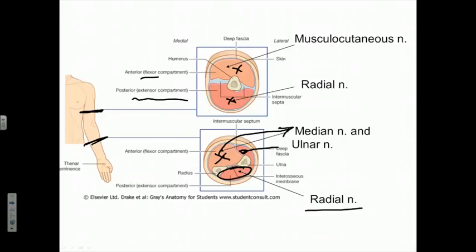And then finally, when we move down to the hand, we know that the intrinsic muscles of the hand have to be innervated by a nerve that contains C8 and T1 fibers. And that is simply going to be the job of the median nerve and the ulnar nerve, because these are the only two nerves that contain C8 and T1 fibers, and therefore will be the two nerves that innervate all of our intrinsic hand muscles, regardless of where we find them.